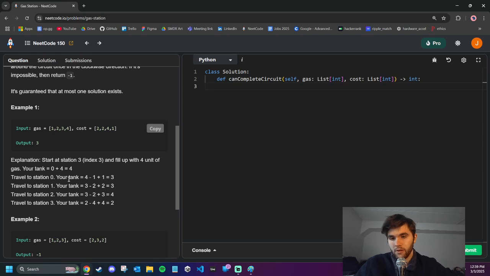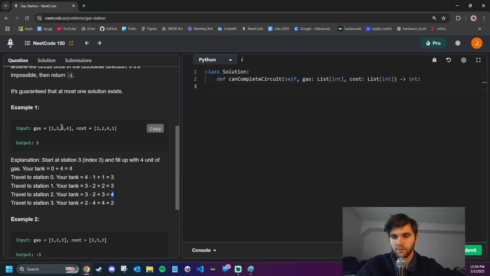Okay. So then here it costs 2. So we move over and then we refill 2. Then it costs 2 again. So then we go over here and get 3 back. And then it costs 4. Okay, so at this point, our current gas is 4.